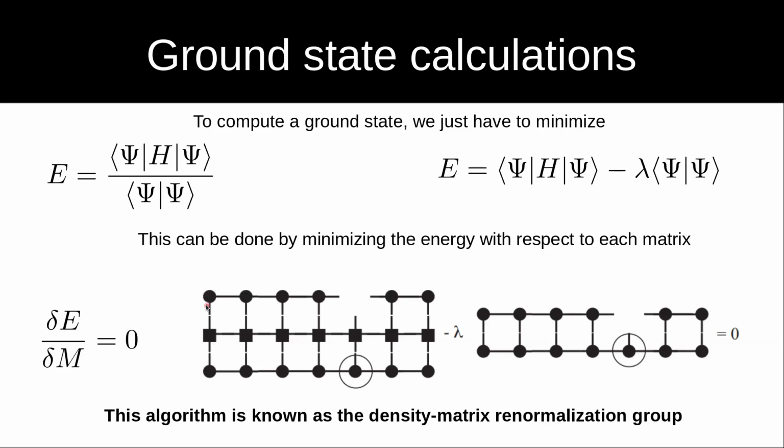What is important is that this is an extremely efficient algorithm for one-dimensional models. And the most important point is that to optimize this variational many-body wave function, you only need to optimize one matrix at a time, which from a computational point of view is a very important point.